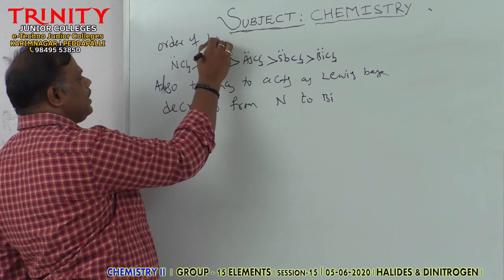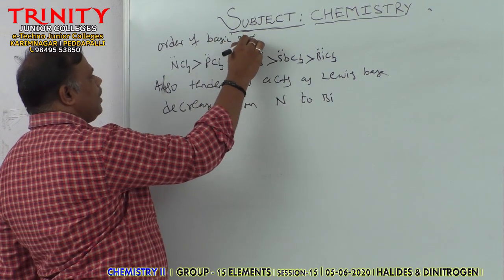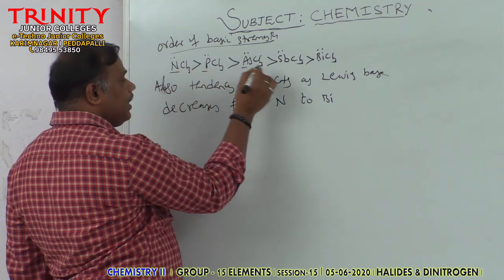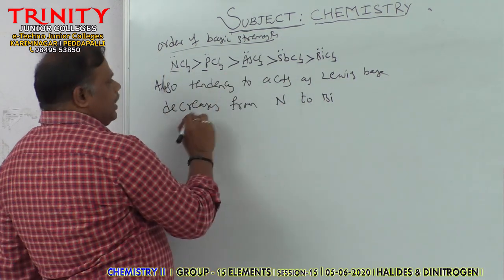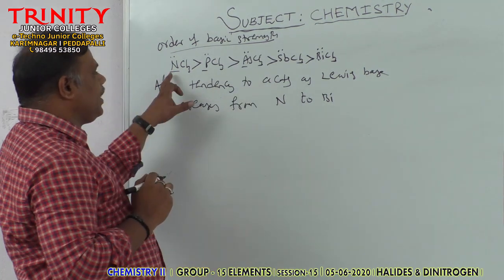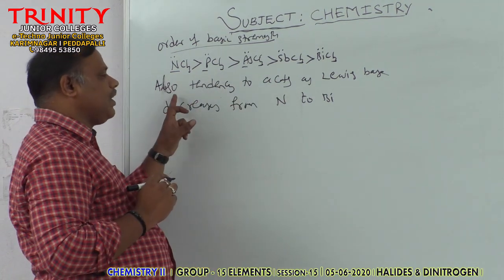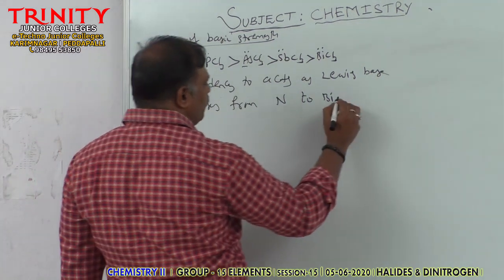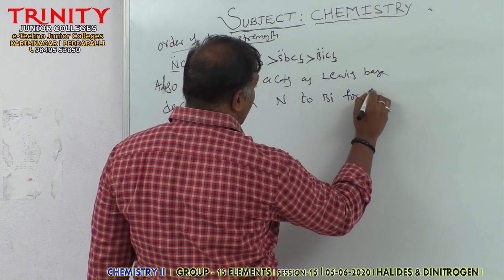What is the reason? Already explained in the group, as with hydrides. Here the central atom is different, whereas in nitrogen trihalides the bonded atom was different. Here the central atom size increases, so the Lewis basic strength decreases from nitrogen to bismuth for a given halide.